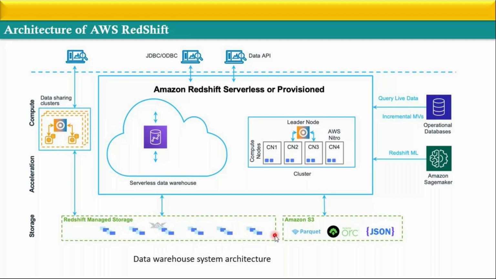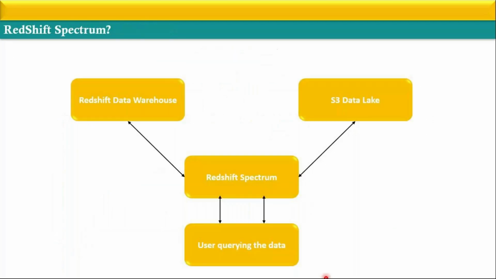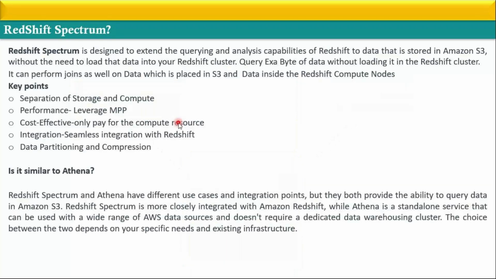So it will be sitting like this. Say we have the Redshift data warehouse, and we have S3. We will cover this in detail as well, but I'm just providing you an overview. So we have the Redshift data warehouse that you are able to see over here.